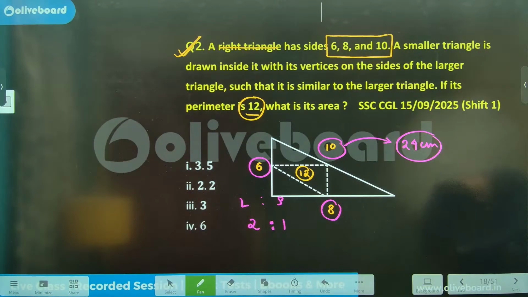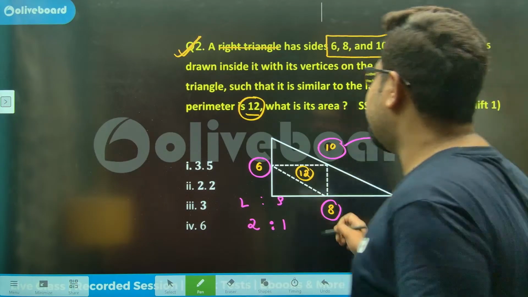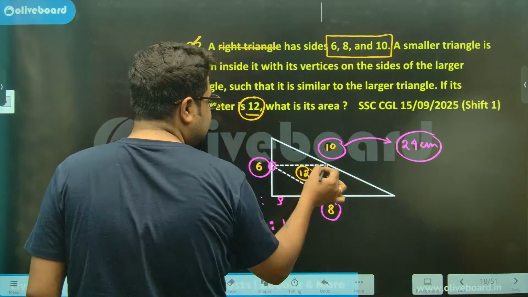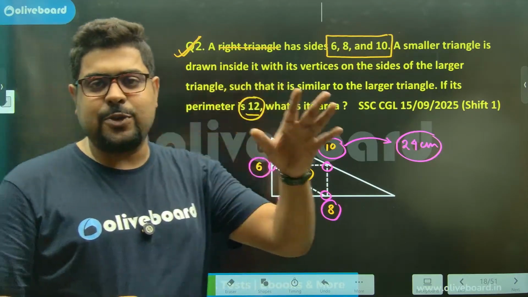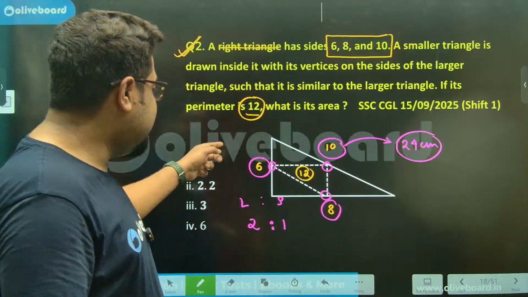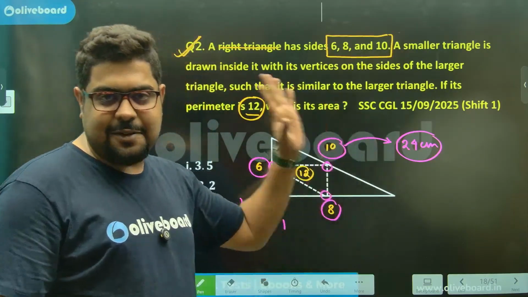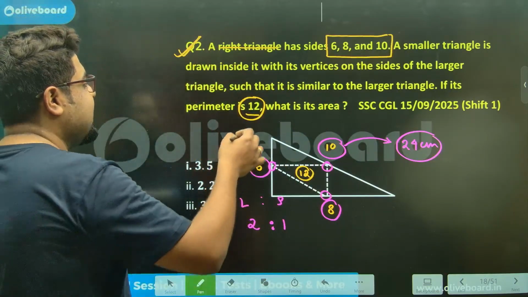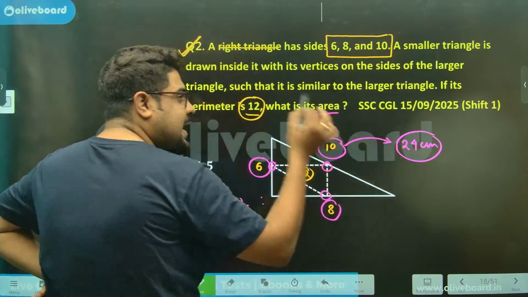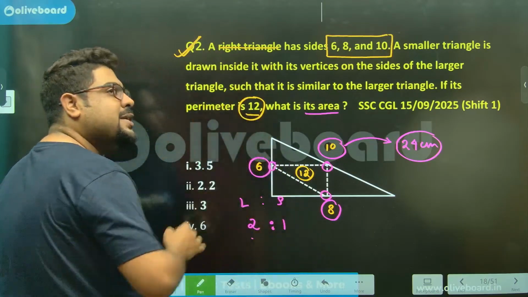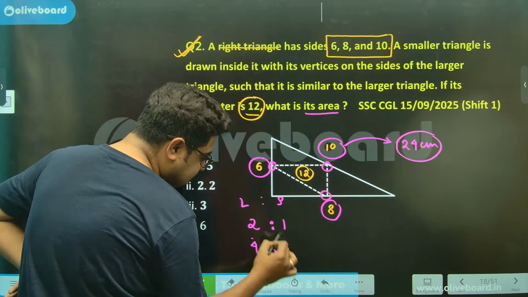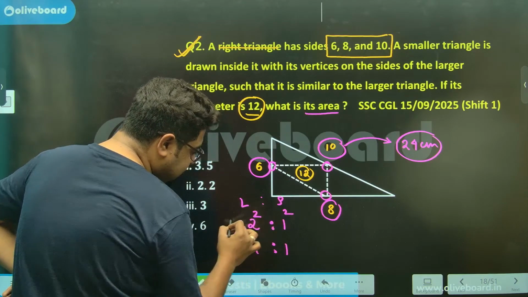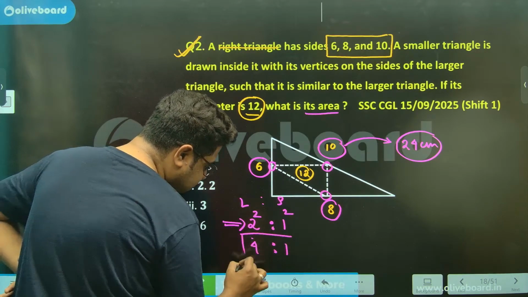Whoever is saying 3, 4, 5, absolutely. These are all midpoints. If you want to conclude further, the midpoint theorem is working, that's why this is half. But we don't need that. They are asking for the area. If the perimeter ratio is this, the area ratio will be the square of this, which is 4:1.